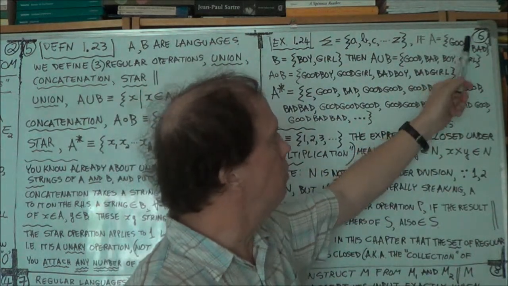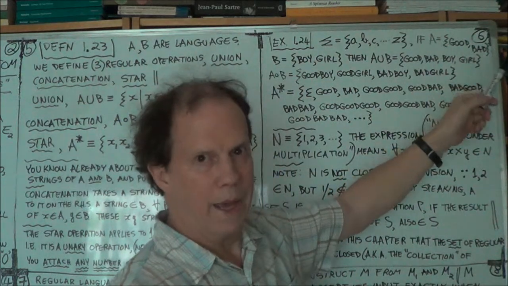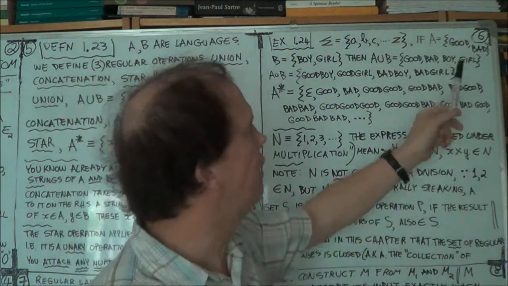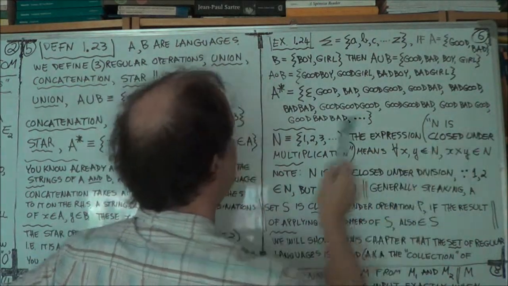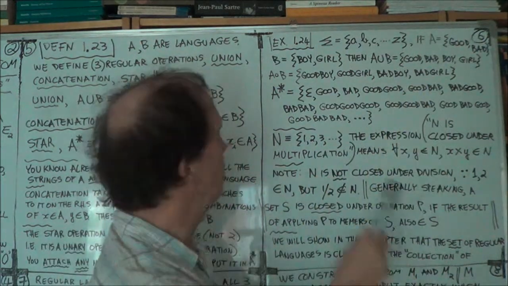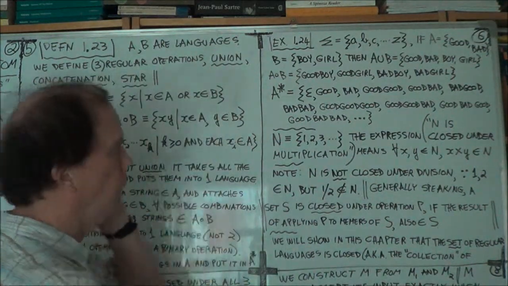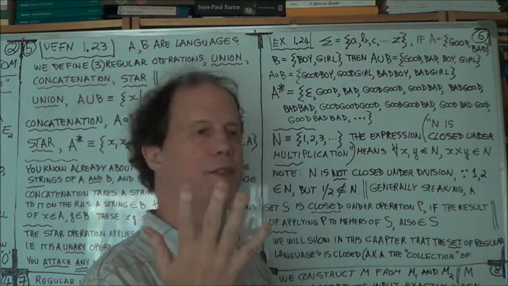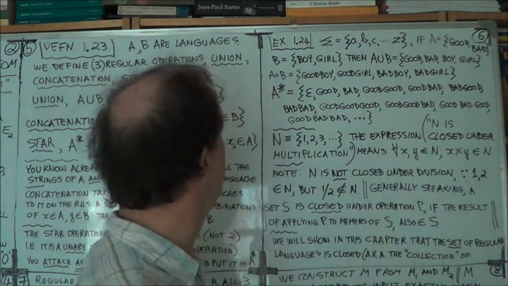We could have good good good, good good bad, good bad good, good bad bad. You just go through the binary numbers, from 0 to 7. Okay? So good good good, good good bad, good bad good, good bad bad, and so on. There'll be 8 of these, and then you could have K as 4. So then you'd have 2 to the 4th, 16 different concatenations, and for 5 you have 32, and so on.